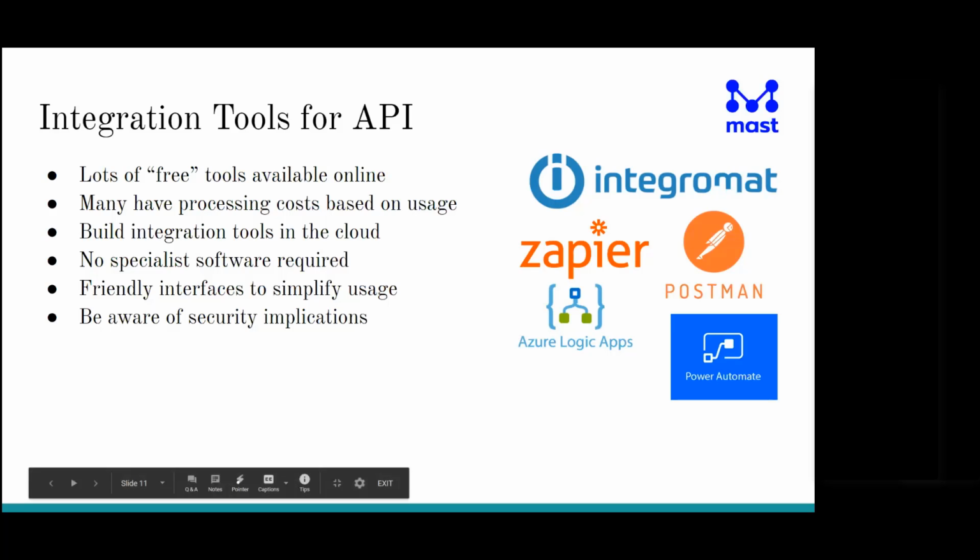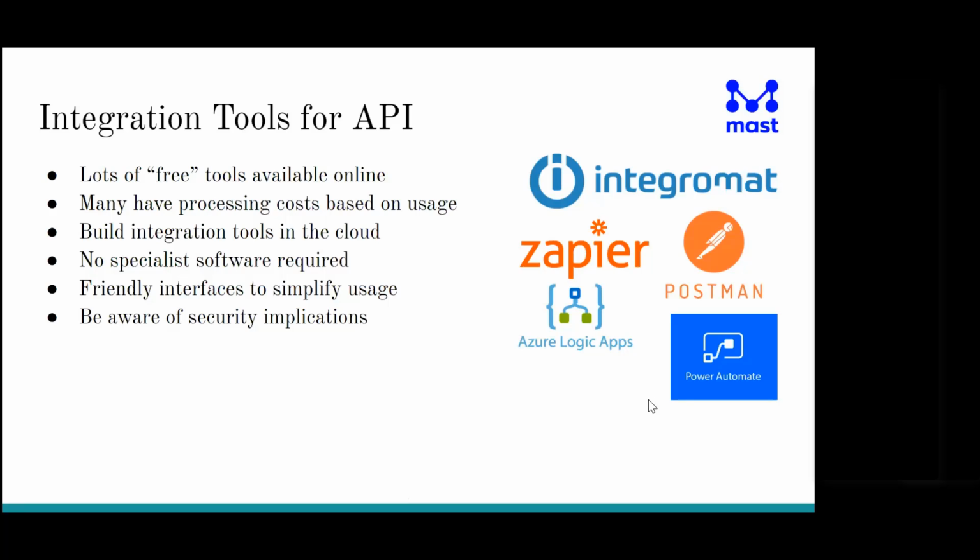You could use PowerShell to write API calls if you want to. You can use C#, any of your favorite programming languages can probably make an API call. These just make it a little bit more accessible, a little bit prettier, and each has its own pros and cons. There's no right way or wrong way.